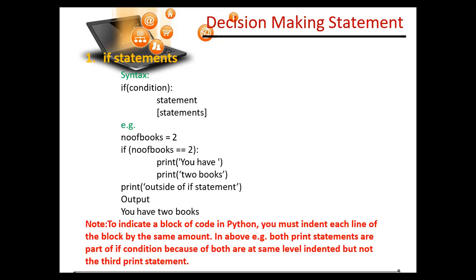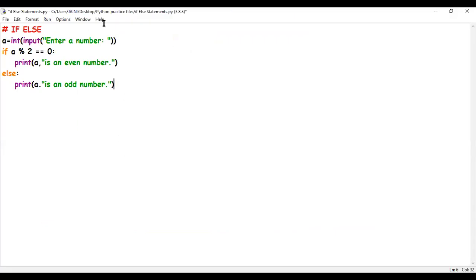Okay, so this is to check if it's an even number or it's an odd number. I'm taking an integer input, enter a number. If a modulus 2 equal to 0, I am comparing it using two equals signs, okay, so a modulus 2 will give me the remainder.